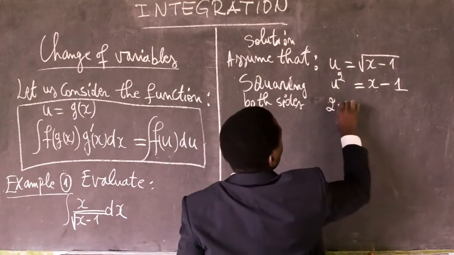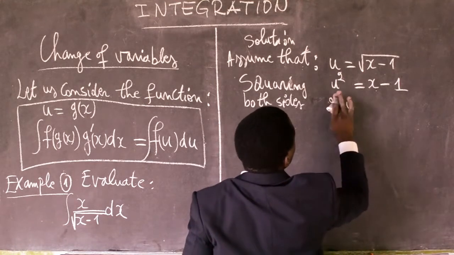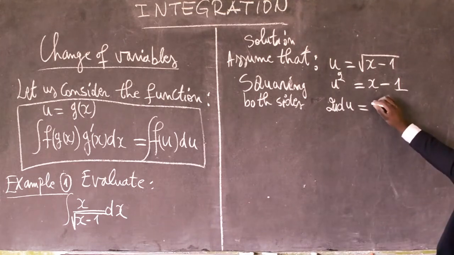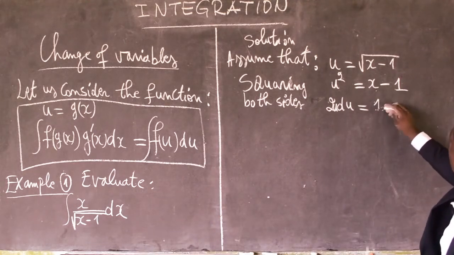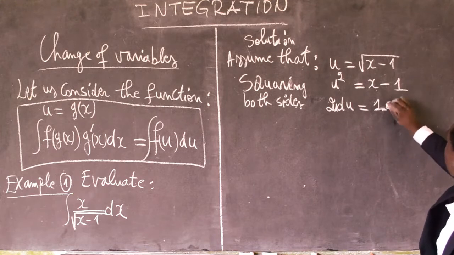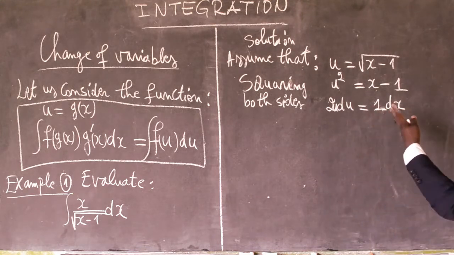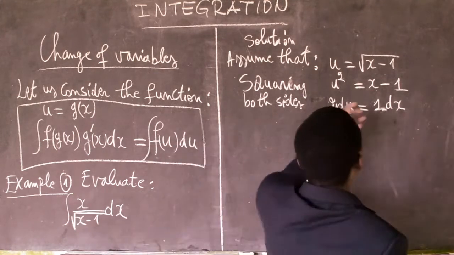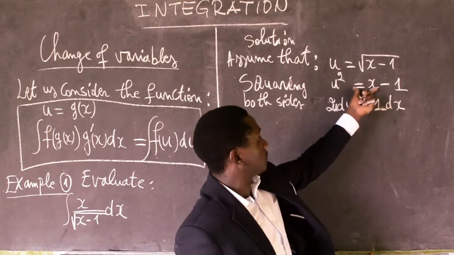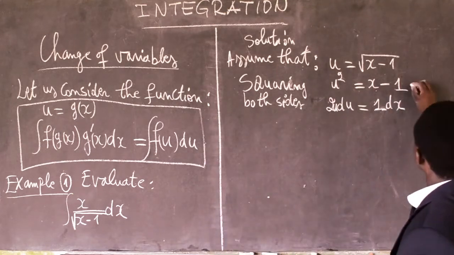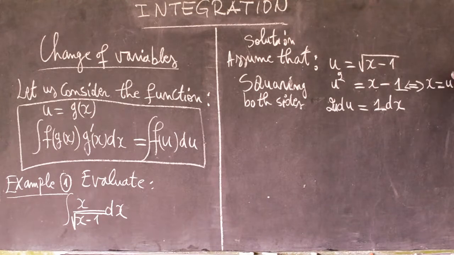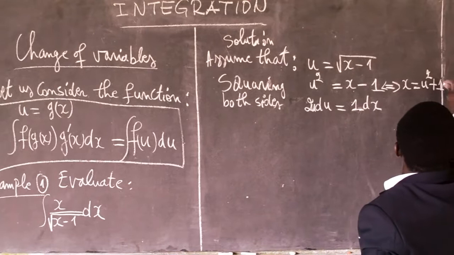Then we get 2u du equals 1 dx. Then from here, we have in our integral x dx. So we need to identify the value of x from here. Then we get that x equals u squared plus 1.